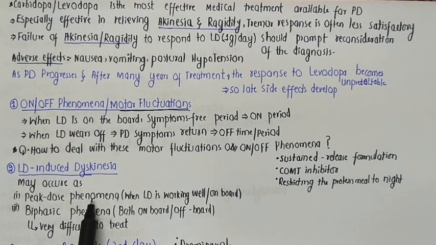The peak dose phenomenon is when levodopa is working well, just after a patient takes a dose of levodopa, when levodopa is on board. As the disease progresses, dyskinesias develop as a response to levodopa. The levodopa is actually on board, but dyskinesias develop. So this is called the peak dose phenomenon, related to the dose.